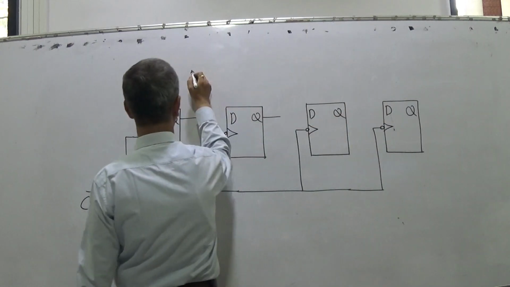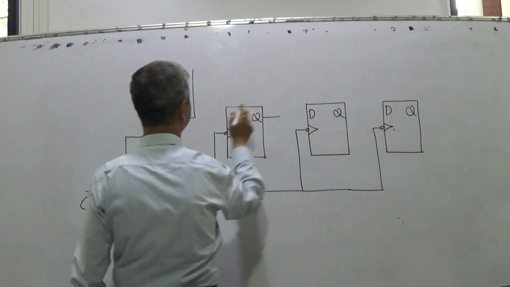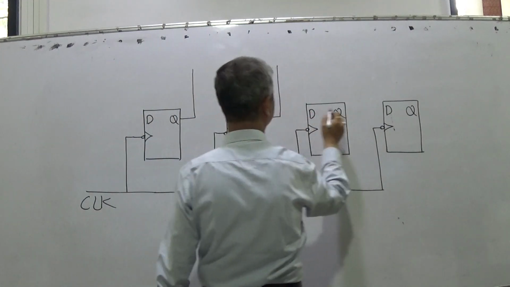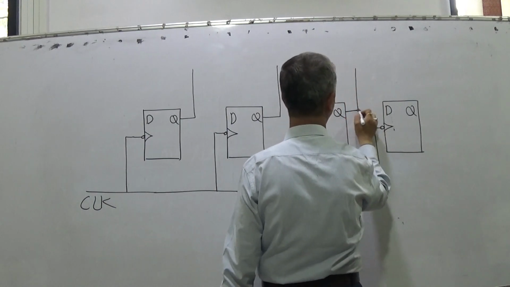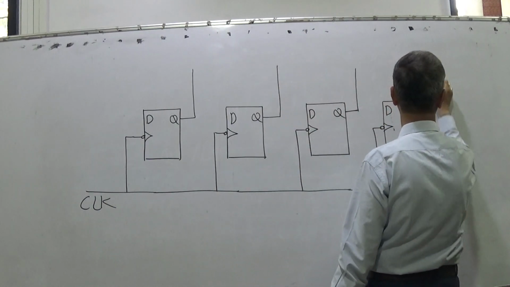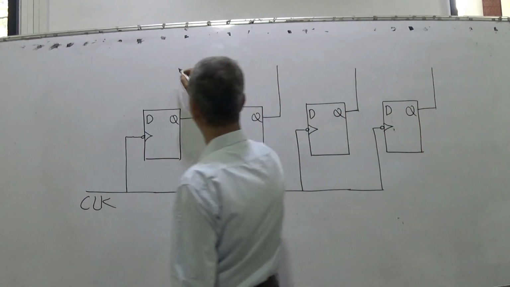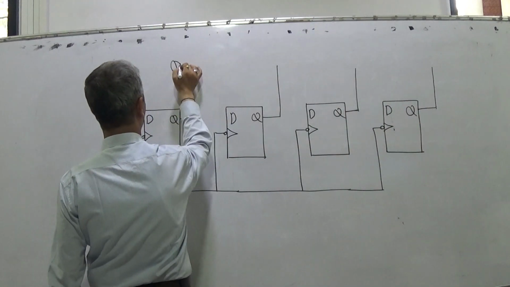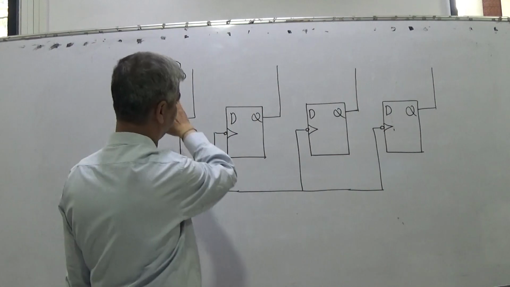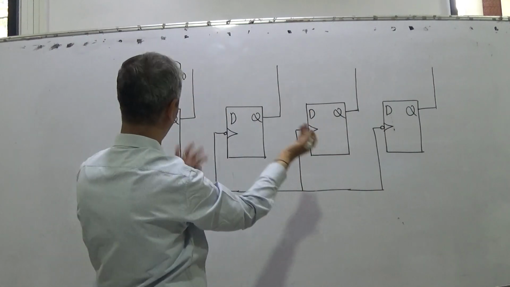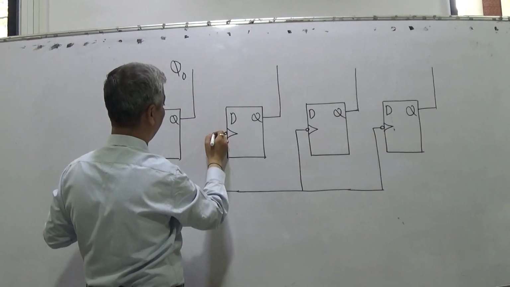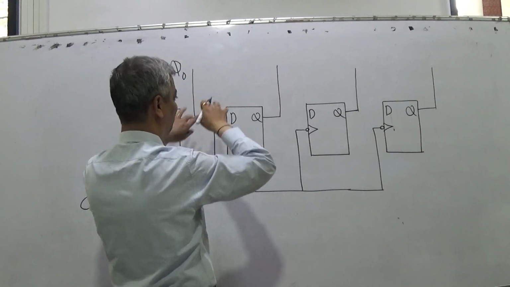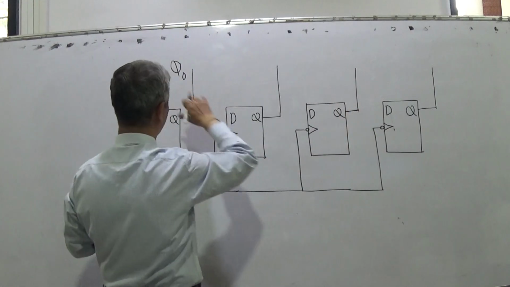These 4 are the outputs. These are Q0. I have just joined deliberately on this side. You can draw in the reverse side also. Only thing is that the connection diagram would require some complex way of showing.